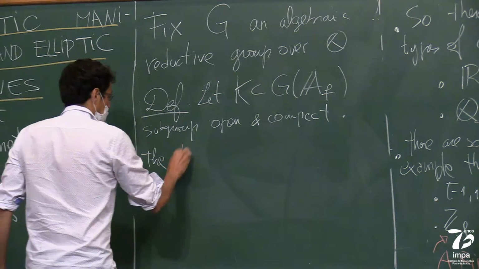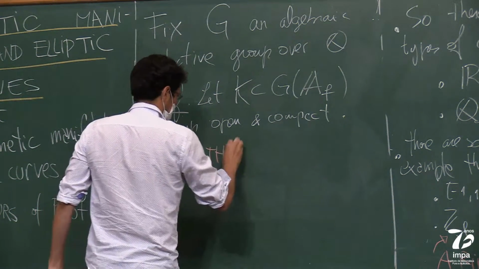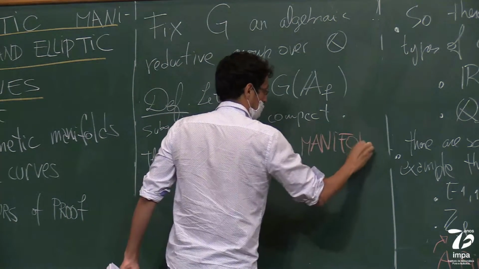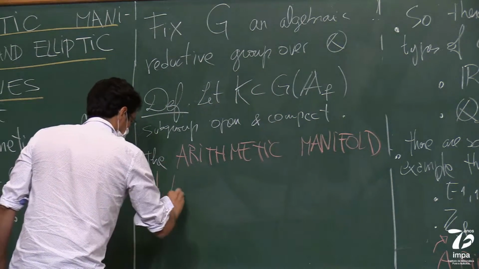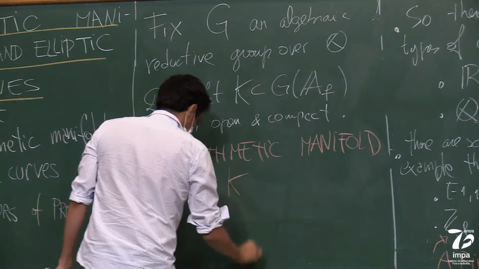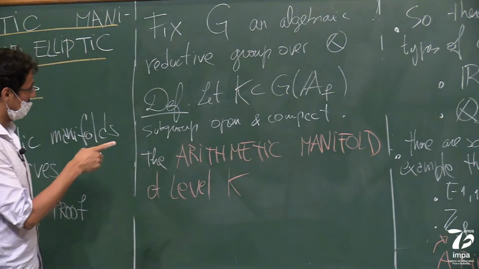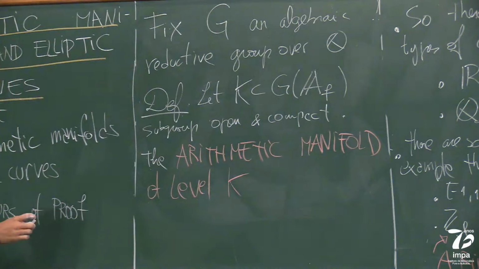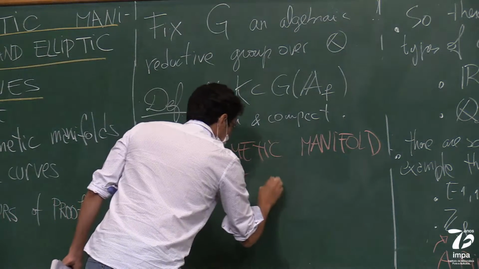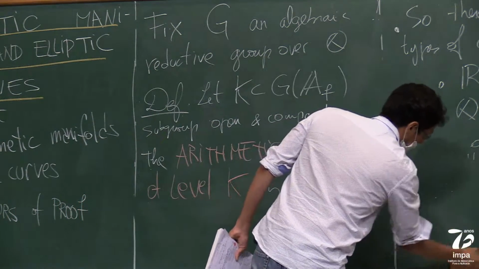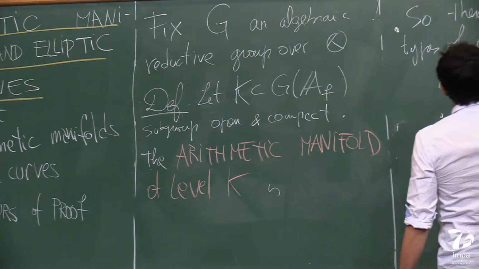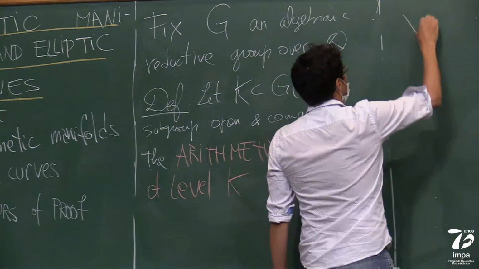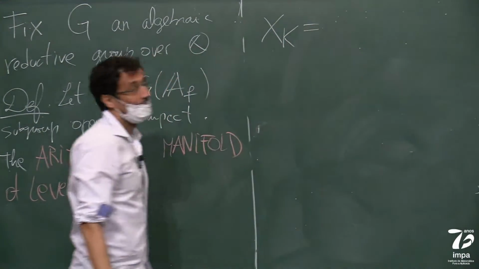So the arithmetic manifold of level K. Here I should say that it is the arithmetic manifold for G, but I will avoid speaking about G. So the arithmetic manifold of level K is the following double quotient, and we will denote it in this talk by X_K.